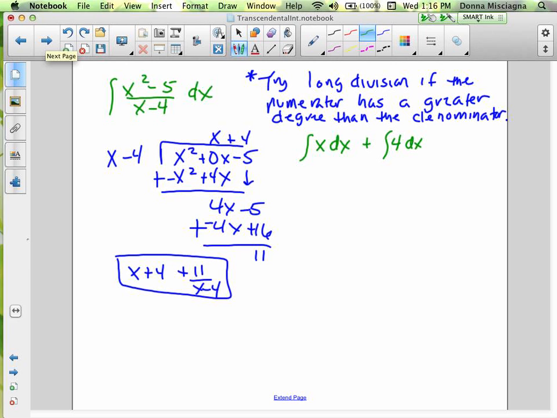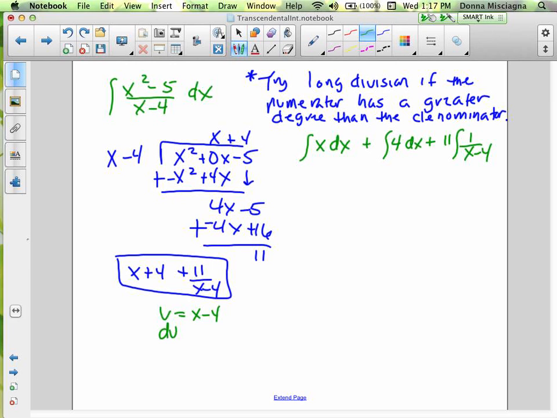So the integral of x dx plus the integral of 4 dx plus, I'm going to pull out that 11 times the integral of 1 over x minus 4. Let's use u-substitution for the very last piece. The rest is a power rule. So I'll just do that over here. So u is x minus 4.